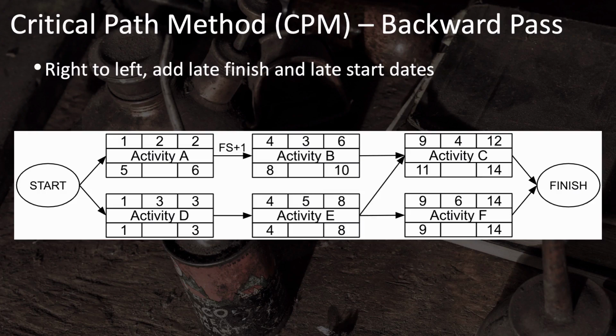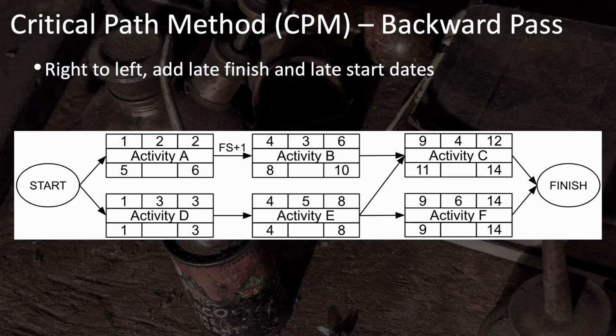Now you work your way backwards. With activity C, it takes 4 days, so the late start for activity C is day 11. Looking at activity F, because it lasts for 6 days, count back from your 14, that gives you day 9 is the late start for activity F. So notice activity F doesn't have any leeway.